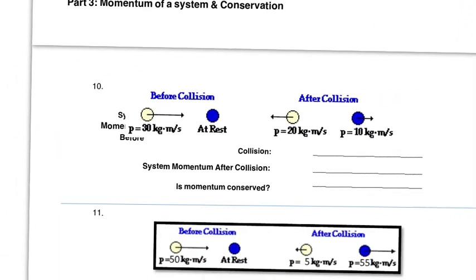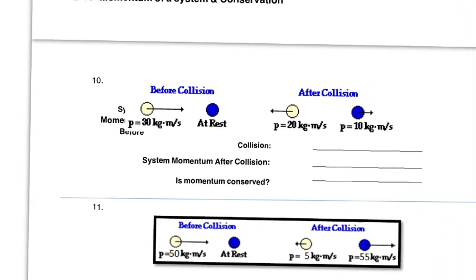All right, let's talk momentum of a system and conservation. So these drawings here have momentums. This says the momentum of object 1 is 30 kilograms meters per second. And it doesn't have the momentum of object 2, the blue one, but obviously since it's at rest, this momentum is 0. So the system before is made up of these 2 objects, and the system after is made up of these 2 objects.